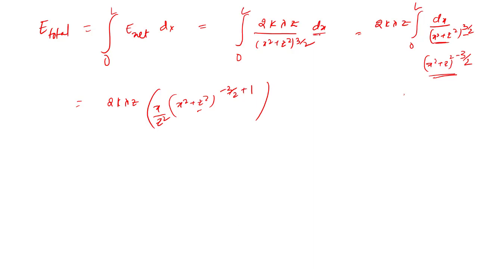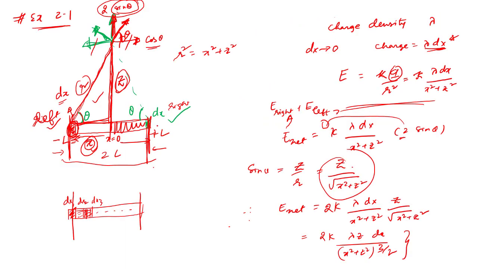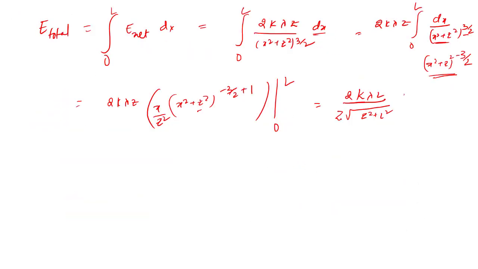Then I can substitute the limit 0 to L here, and I get roughly 2k lambda L divided by the square root of z squared plus L squared times z. So the total electric field would be this.